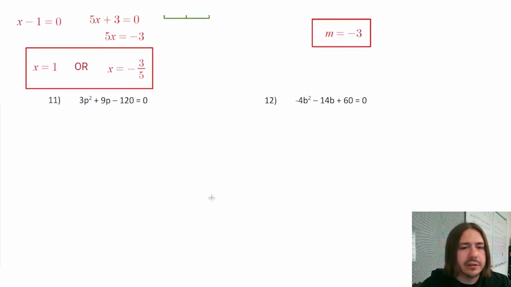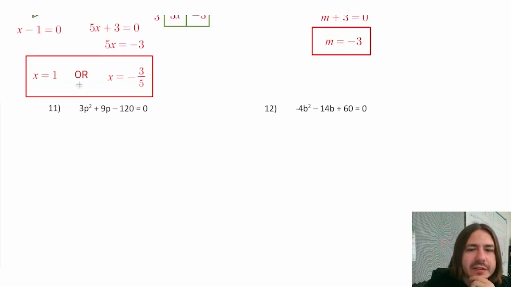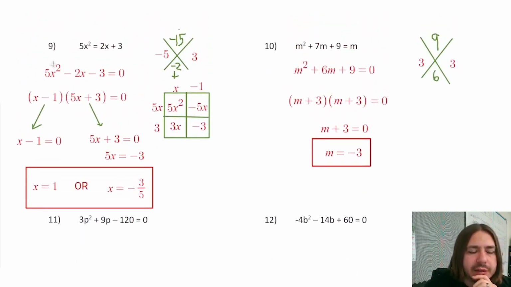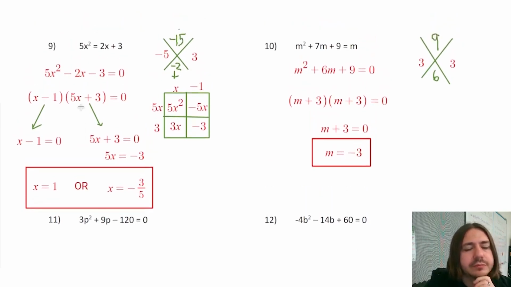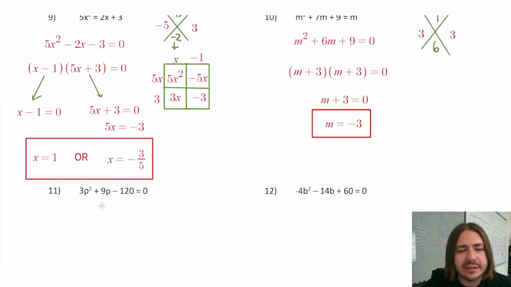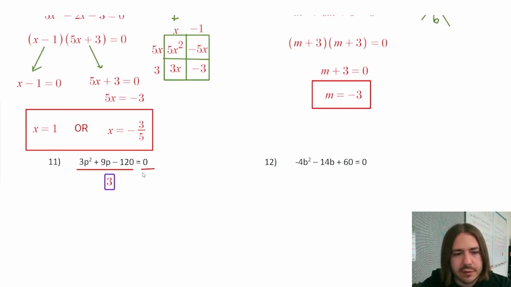For number 11, all right, now this one looks like it's going to be a problem like number 9 that has a leading coefficient that's not 1. However, we can make this a little easier if we just start off by dividing both sides by 3. Check this out. So we divide this side by 3, we divide this side by 3. And just like that, we're going to get rid of that leading coefficient.